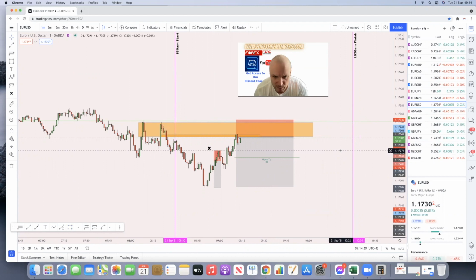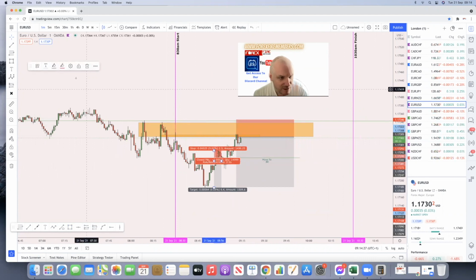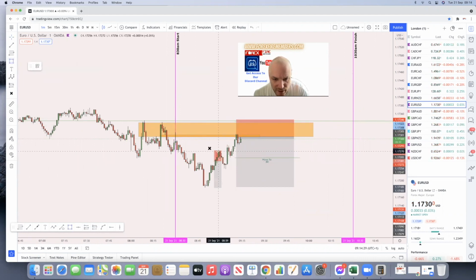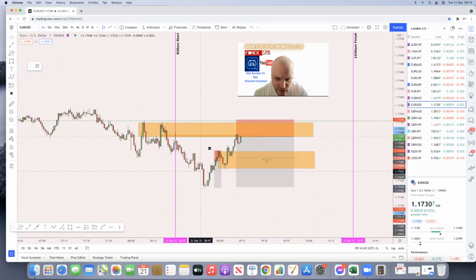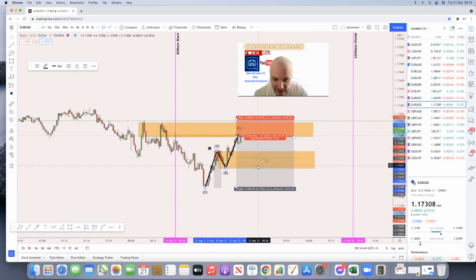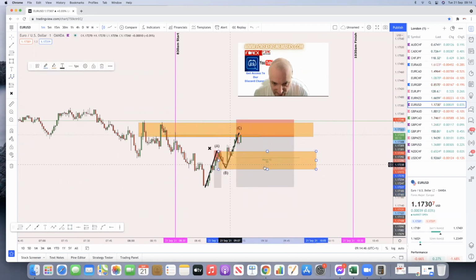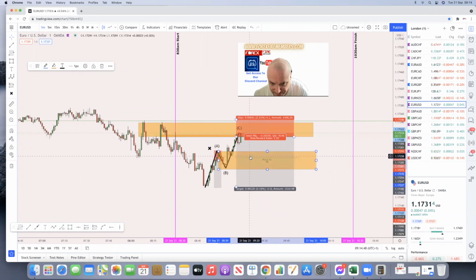Hopefully it might do, because in that parameter, that move to break even button, you've got to press this button twice for some reason on TradingView. The A, B, C pattern there. 50% of the correction is more or less the move to break even on here.